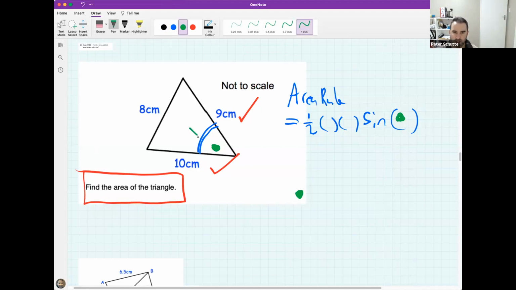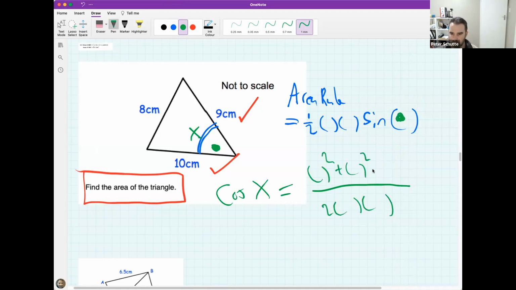Should I call this X again, just to make life a bit easier? And what's the exciting one? It's the 8. So what is my angle X going to be?